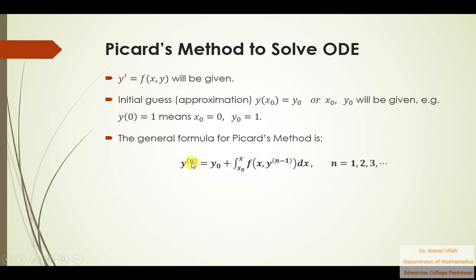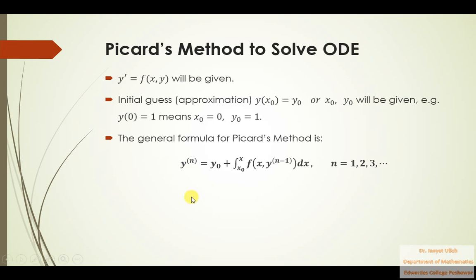Anyway, y n is equal to y naught plus the integral from x naught to x of the function f of x comma y of n minus 1. That is the (n minus 1)th approximation of y, and this is the nth approximation of y, where n is equal to 1, 2, 3 and so on. So this formula will be used to find approximations in Picard's method.